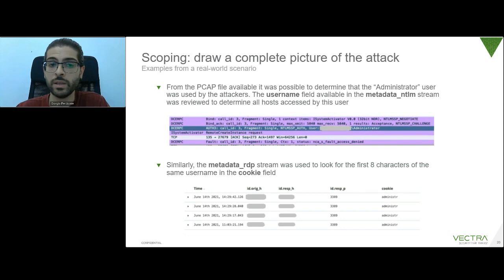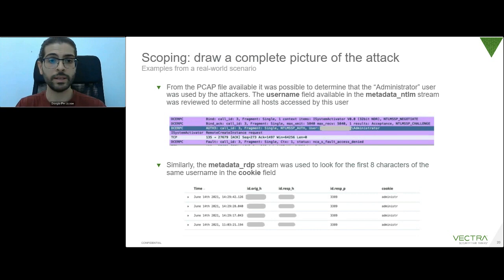We spoke with the customer, and they said they do not use the standard administrator user. All of their administrators use some ad hoc user they created for their roles. So from that point, we knew that the administrator user, whatever the host from which it was used, was probably related to the attacker.